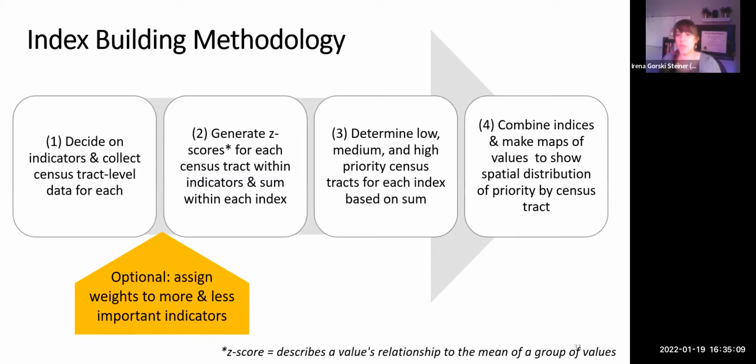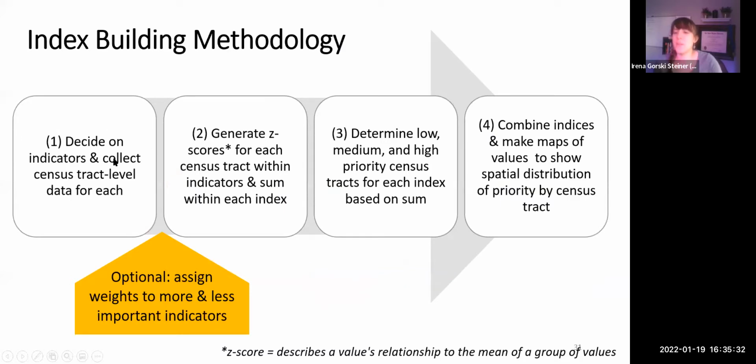And so in order to build each of those 3 indexes, we went through this process. So we first decided on those indicators that we just went over and collected census tract level data for each. I'll get back to the weights in a second because that's an optional step that we decided to take, and then there was a spoiler there.